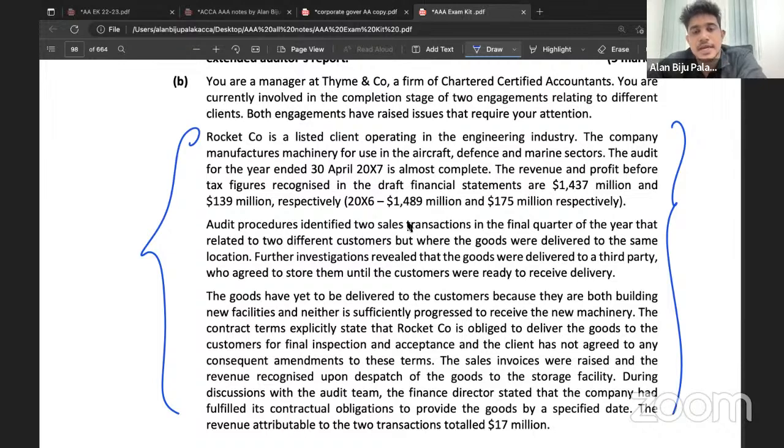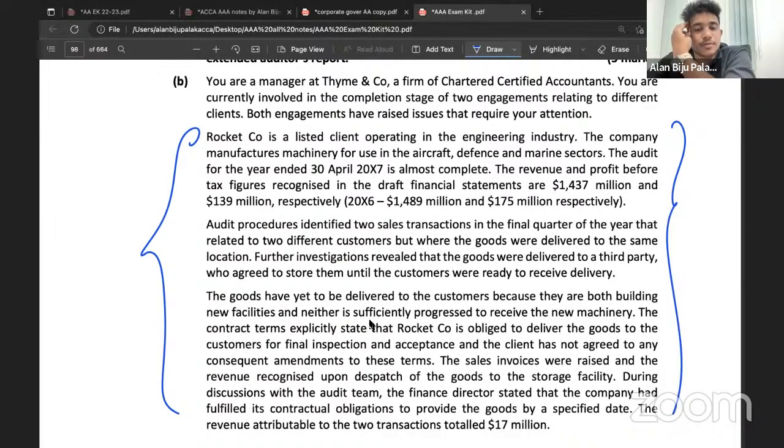The audit procedures identified 2 sales transactions in the final quarter that relate to different customers, but where the goods were delivered to the same location. Further investigation revealed that the goods were delivered to a third party who agreed to store them until the customers were ready to receive them. The goods have not yet been delivered to the customers because they are both building new facilities, and neither is sufficiently progressed to receive the new machinery.